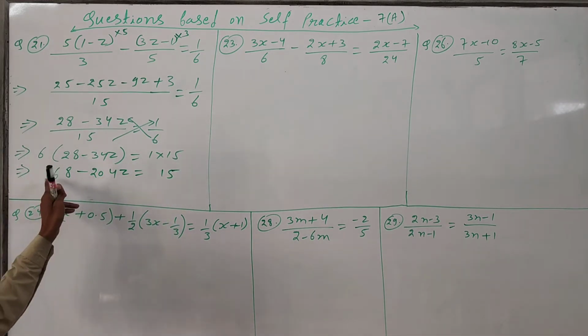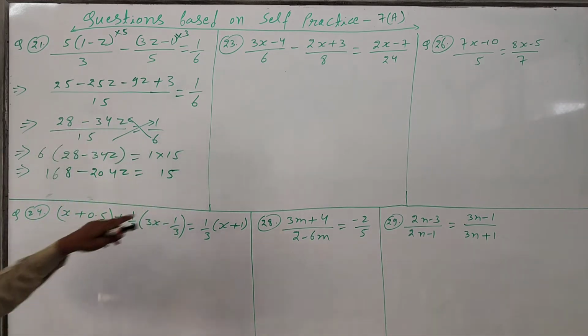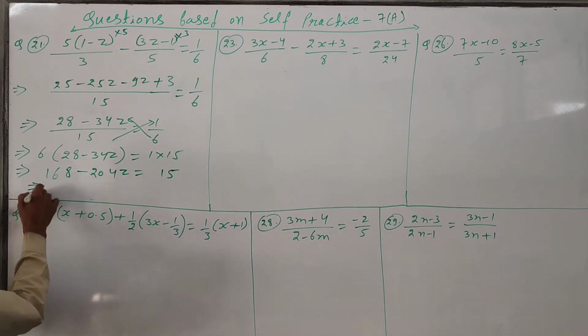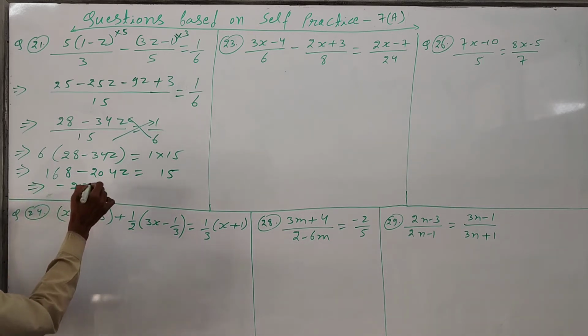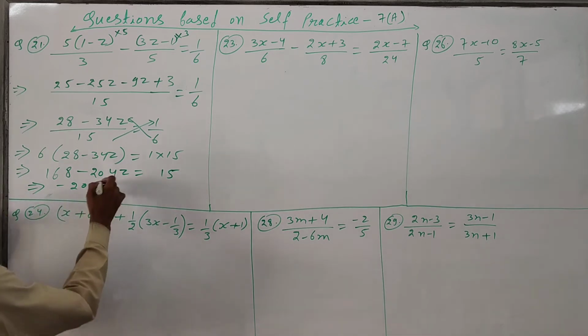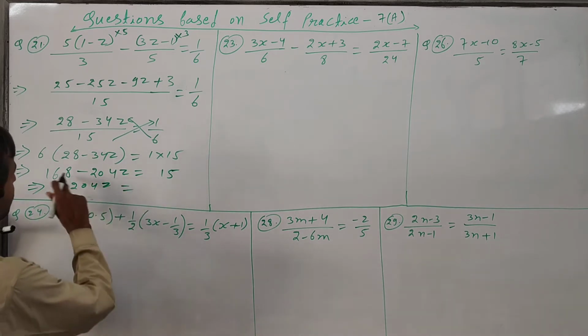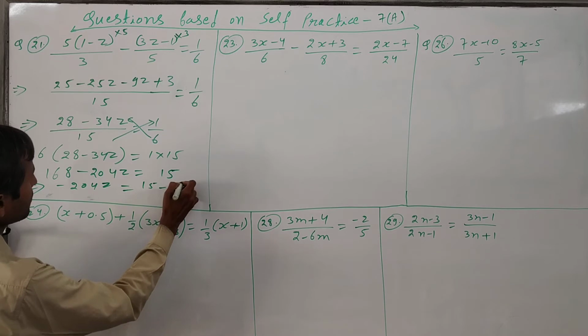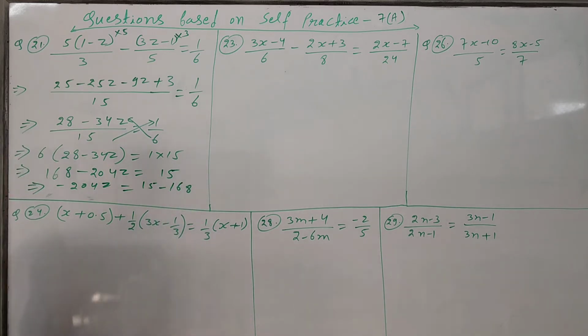Now we have to transpose this 168 to this side. So minus 204z is equal to 15 minus 168. Now we subtract.